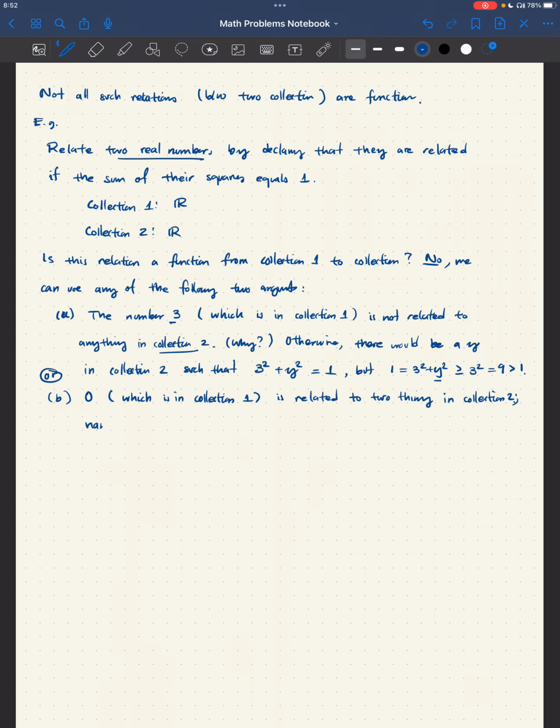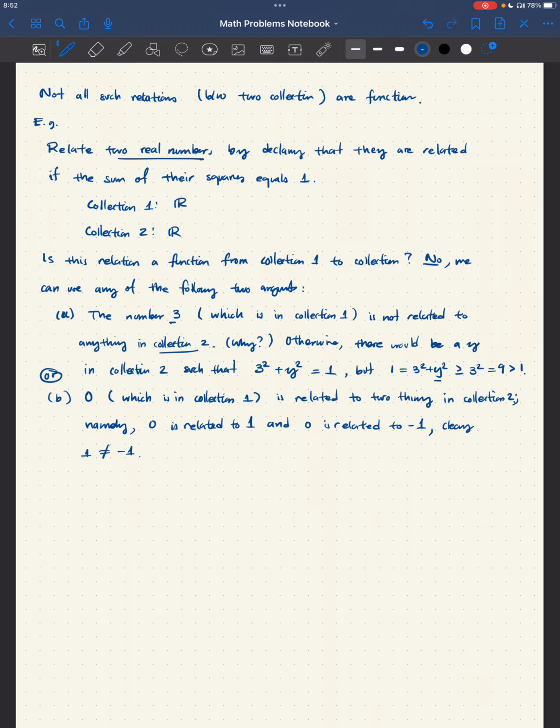Namely, 0 is related to 1, and 0 is related to negative 1. Clearly, 1 is different from negative 1.